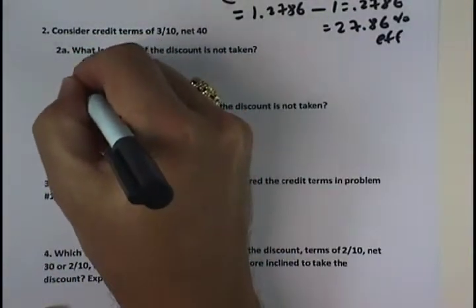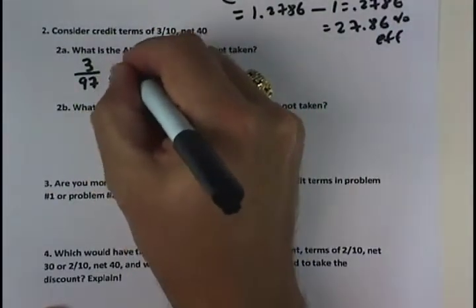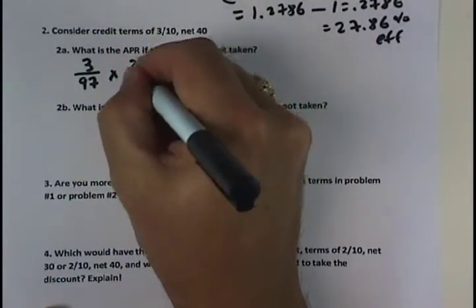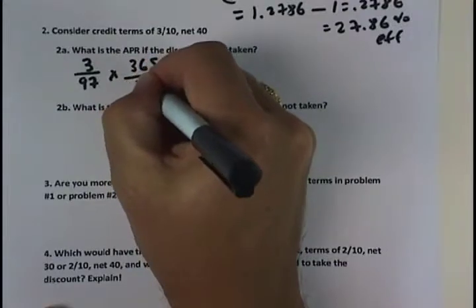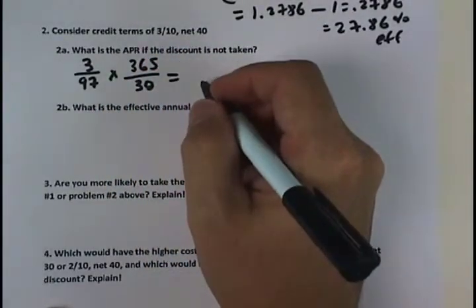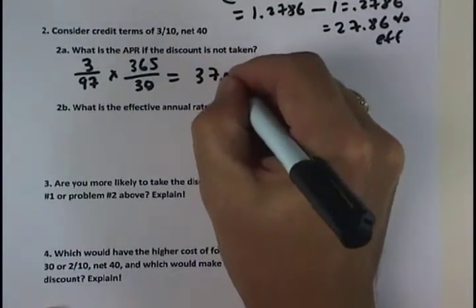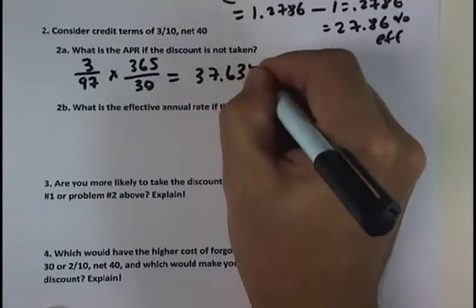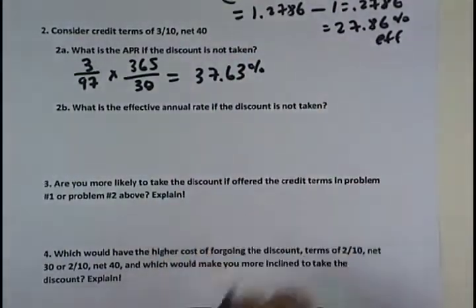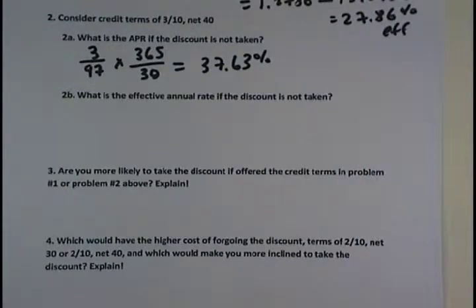So we take the discount percentage of 3 divided by the 97, and we annualize by multiplying by that same number of 30-day periods in the year, 12.1666, and I got 37.63% as my APR.